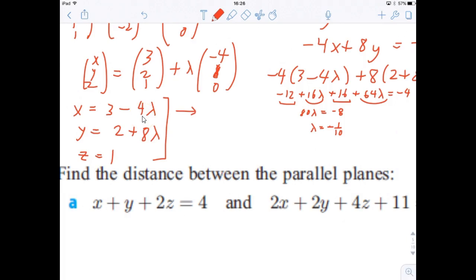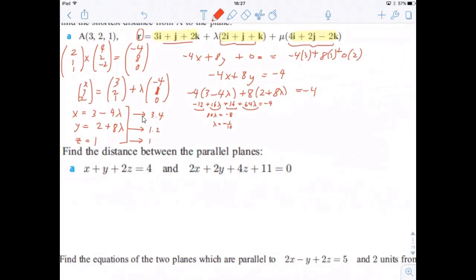So if we put negative 1/10 in for lambda, we would have 3 plus 4/10, which is 3.4. If we put negative 1/10 lambda here, it would give us 2 minus 0.8, which is 1.2. And of course, the last one would just be 1. So the location of the foot would be 3.4, 1.2, and 1. So that's the location of the foot.